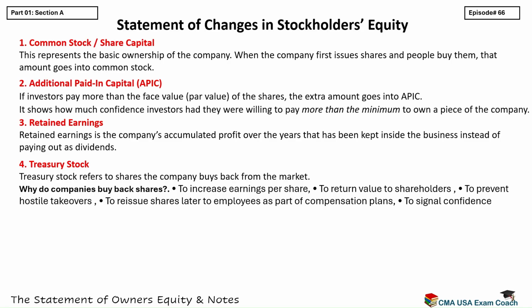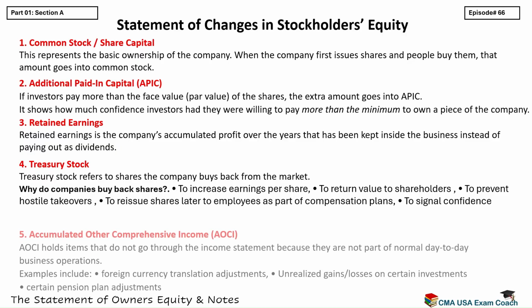To return value to shareholders when the company has excess cash. To prevent hostile takeovers, reduce shares available in the market. To reissue shares later to employees as part of compensation plans. To signal confidence. Companies often buy back shares when they believe their stock is undervalued. Treasury stock always reduces total stockholders' equity.